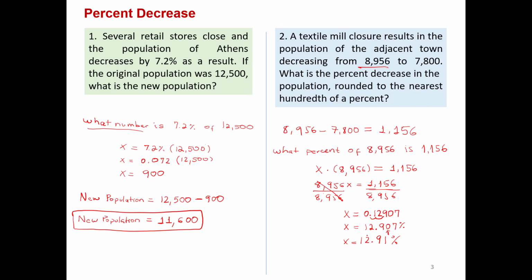Then the answer will be 12.91%. If we want to write the answer, maybe we can write the population decreased by 12.91%.